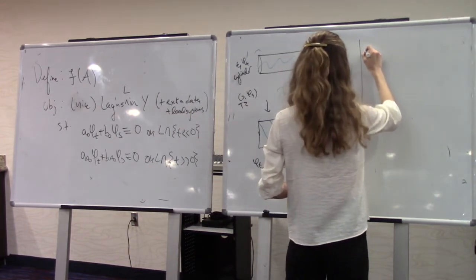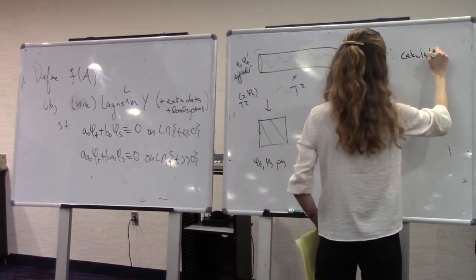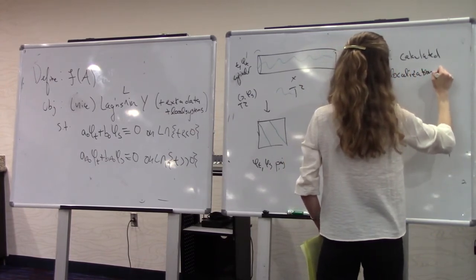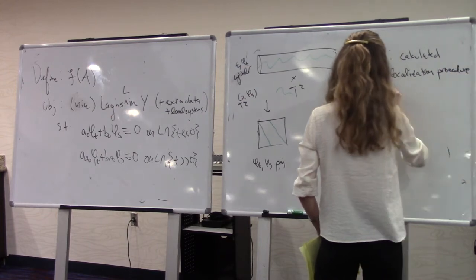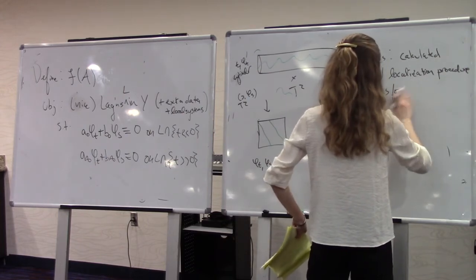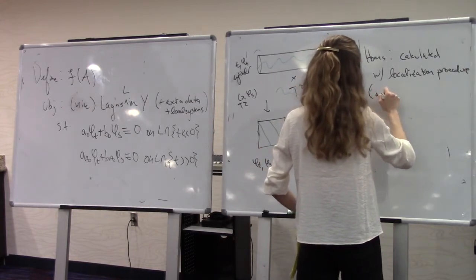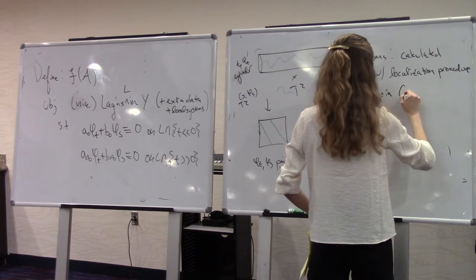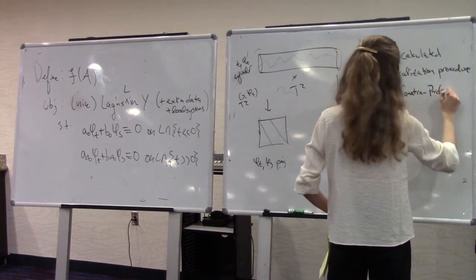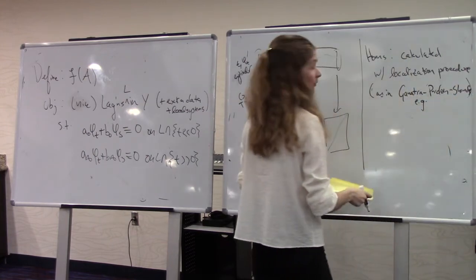So the Homs are calculated through some localization procedure, as in, for example, Ganatra, Pardon, and Shende, or other work, following ideas of Abouzaid and Seidel.